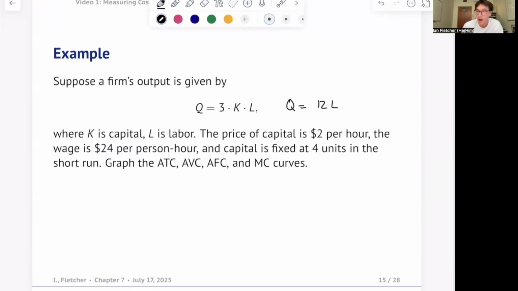Then what is our fixed cost? Well, let's think about this. Oh, shoot, sorry, not that. We want something like this. And L should be $24 for our wage.